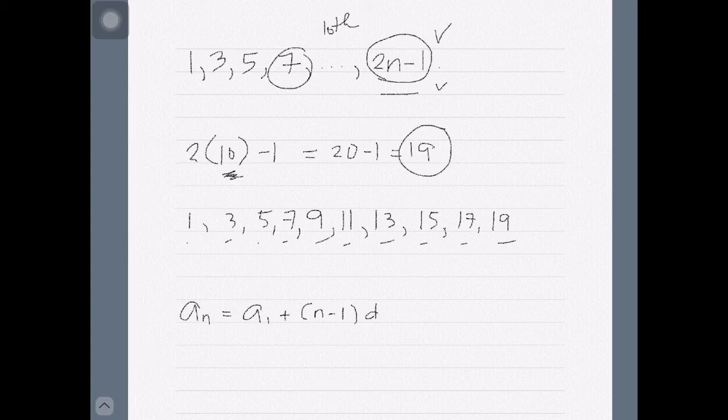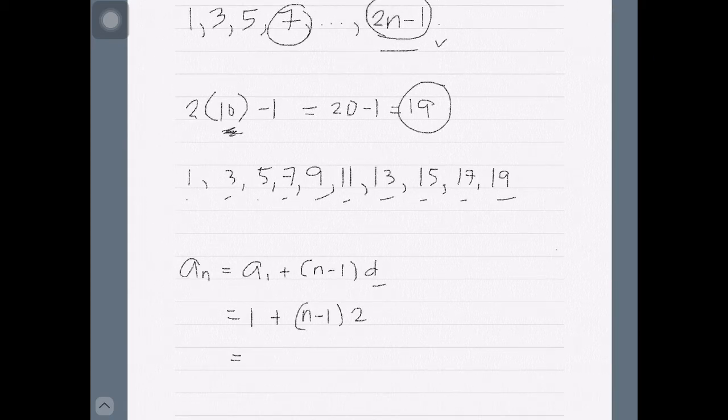So let's write that one here. Our a sub n would be 1 plus n minus 1, and our common difference is 2, so this becomes times 2. Let's simplify the expression, so this would be 1 plus, we know about the distributive property in algebra, so this gives us 2n, and this would give us minus 2.